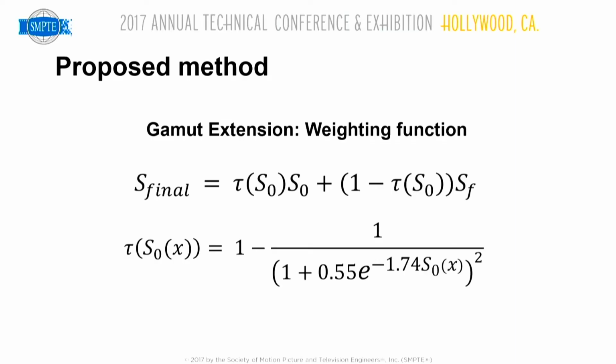So this is why this weighting function gives more weight to low saturated colors. So for gamut extension, the final result is a linear combination of the original saturation and the intermediate extended gamut result. And the weighting is done with this weighting function.